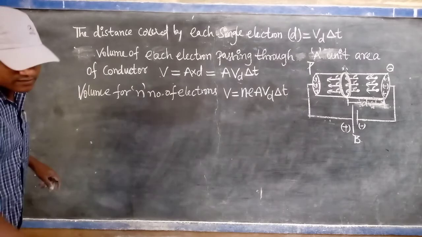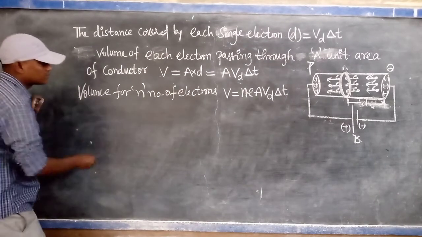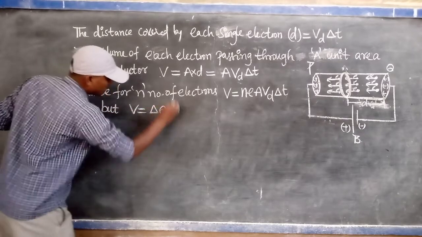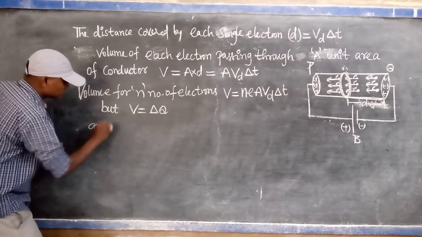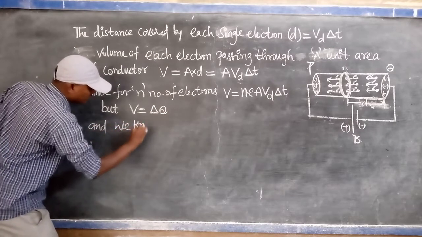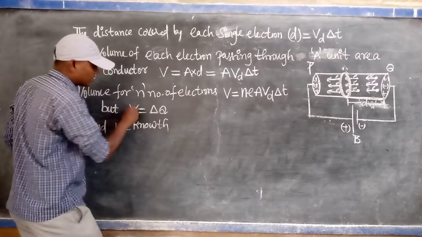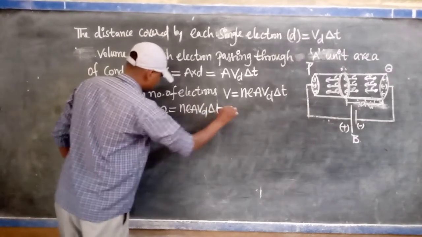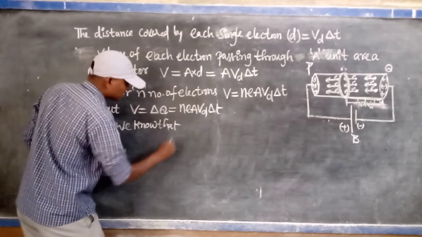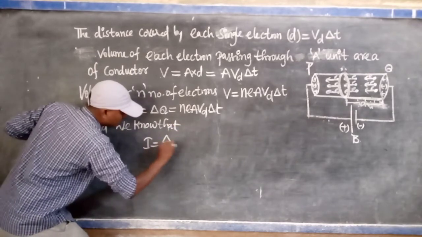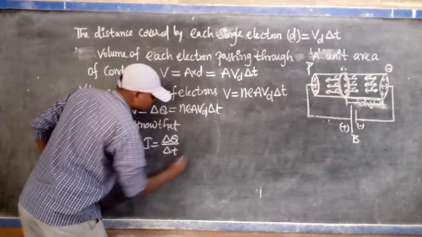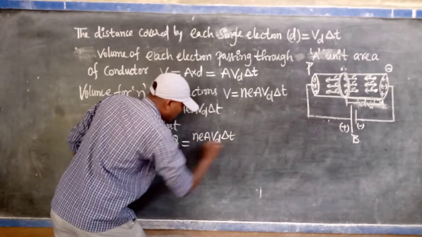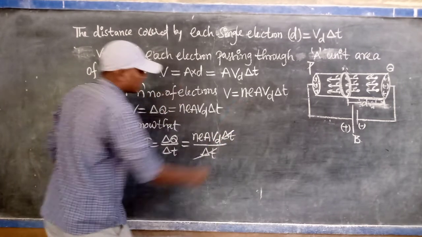After that, V is equal to delta Q, and we know that V equals delta Q, that is equal to nEA Vd delta T, and we know that I is equal to delta Q upon delta T, that is equal to nEA Vd delta T upon delta T. Both get cancelled.